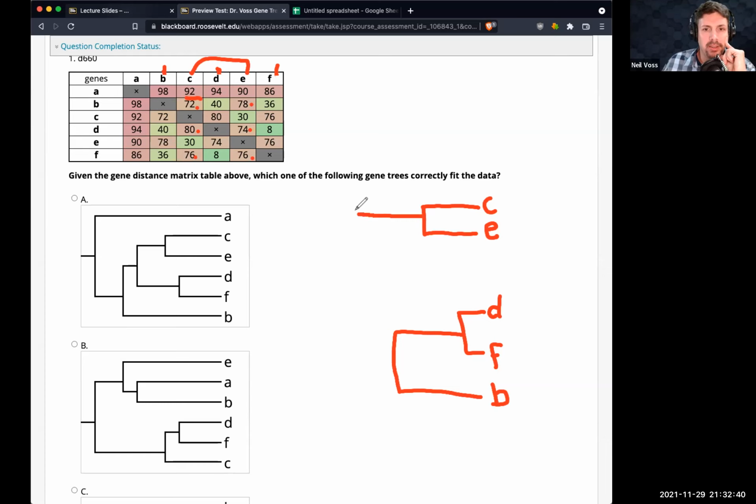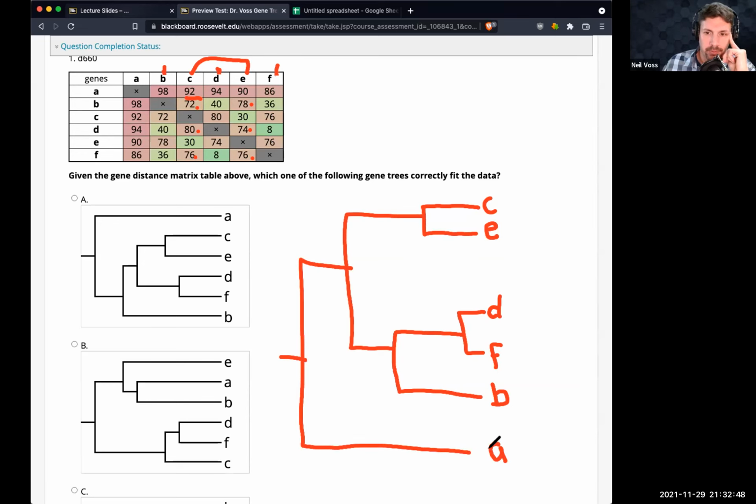So these two connect to each other long before they connect to A. One way to think about it, this could be two different types of chimpanzees, then humans, then two different types of orangutans, and then this here was an armadillo, much further away from everything else.